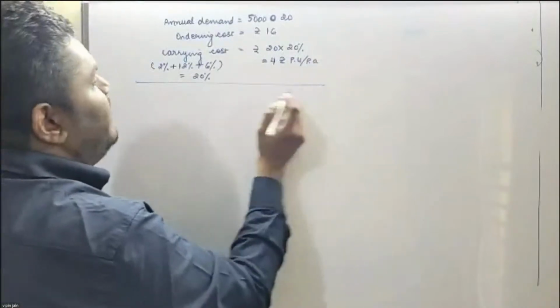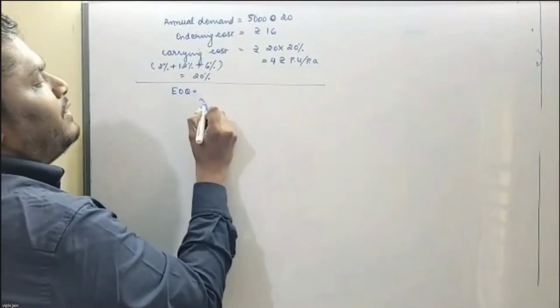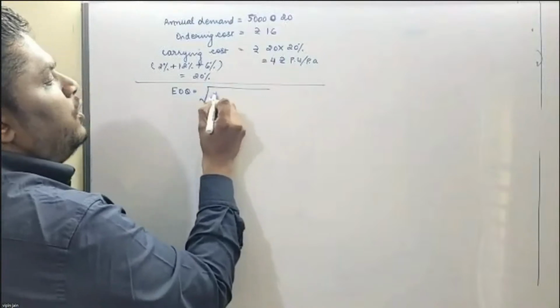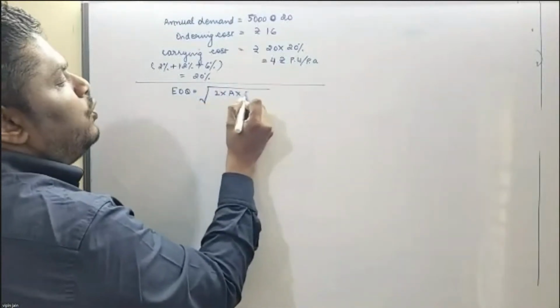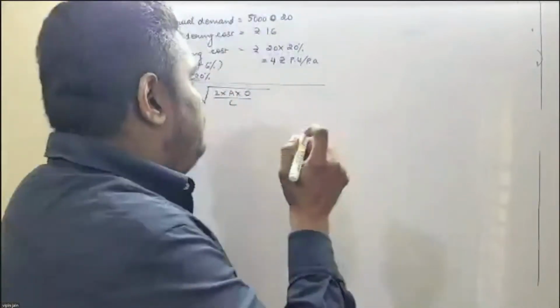So now let's calculate economic order quantity. The formula, how this formula is derived, I have already discussed. Root of 2 into A into O upon C. We have all the information, so we have to simply place the information in the formula.